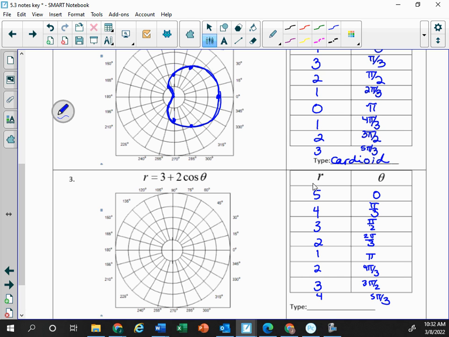There is no 0 this time, you are correct. So this one will not touch the pole. All right, so I'm going to start plotting.